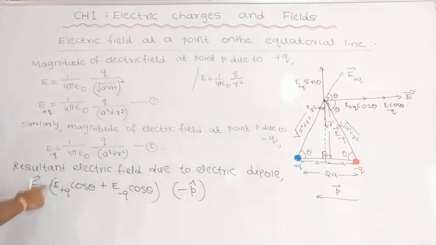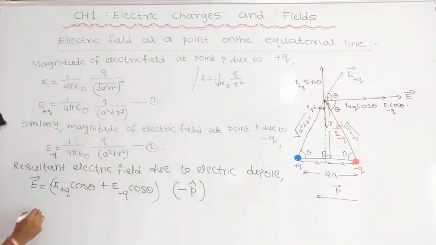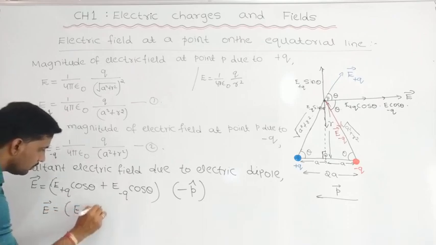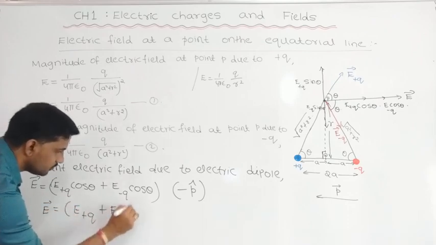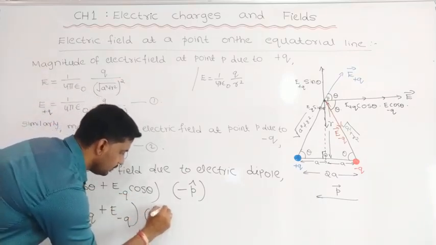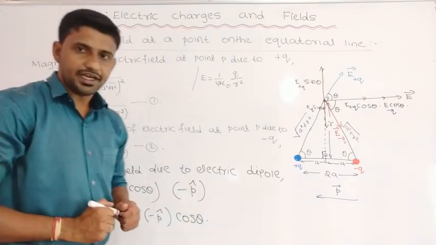If you observe in this equation, cos theta is the common term, so this expression can be written as E plus Q plus E minus Q, cos theta taken out, then minus P cap cos theta is the expression you will get here, right?